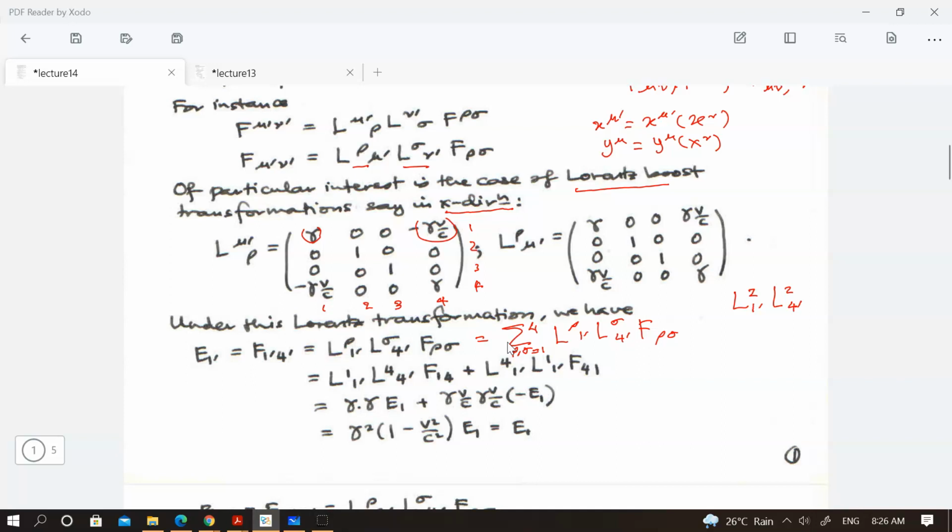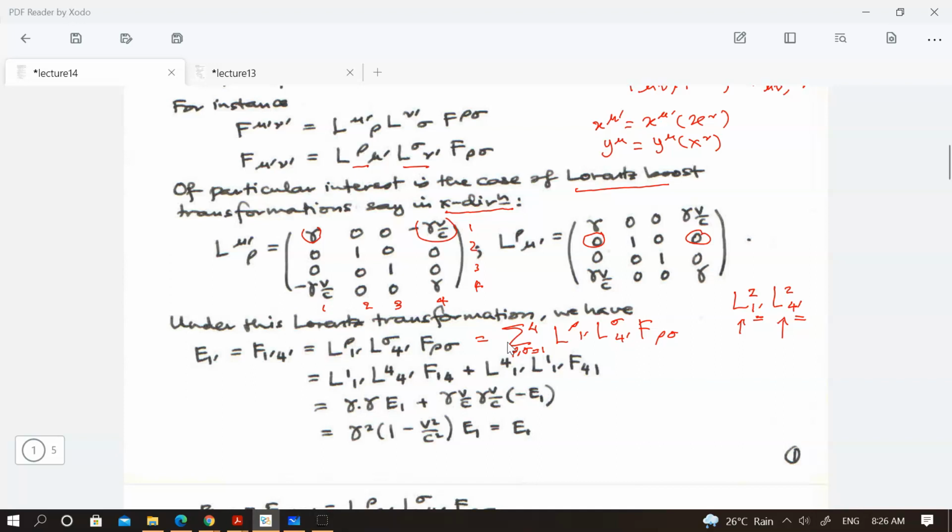Then again, if you look at the matrix entries for this Lorentz case, L2 1 dash is 0, L2 4 dash is also 0. In other words, because of these indices over here, you find that it must match with this index for this particular transformation.